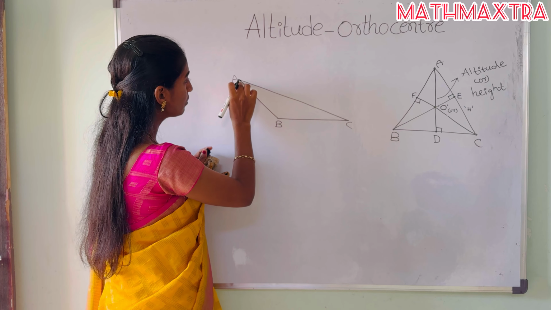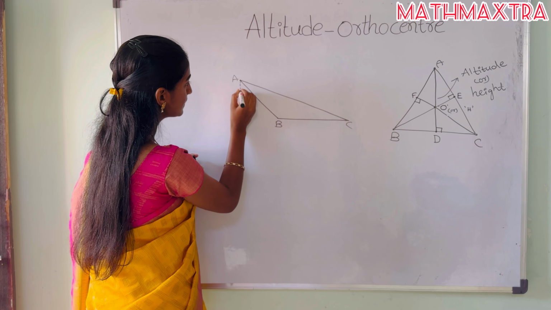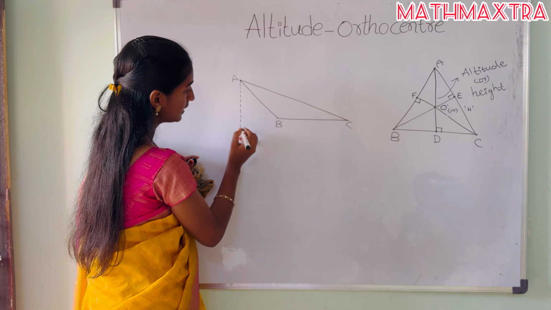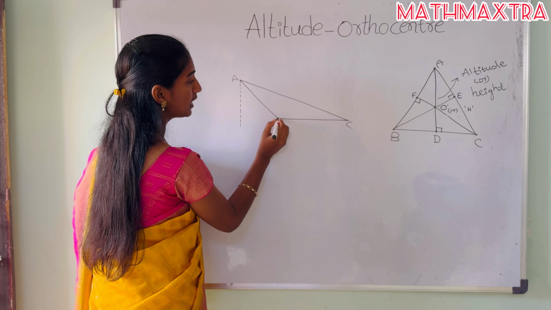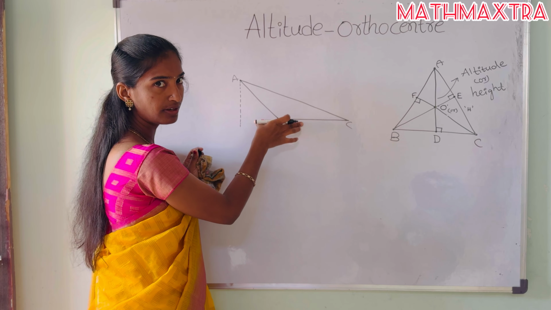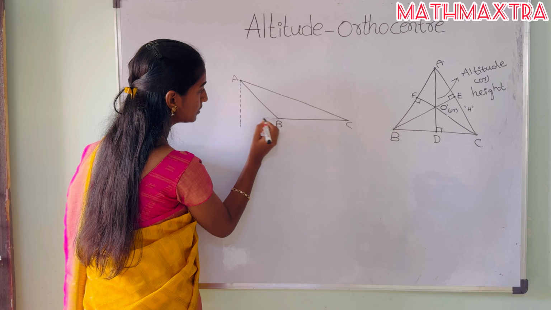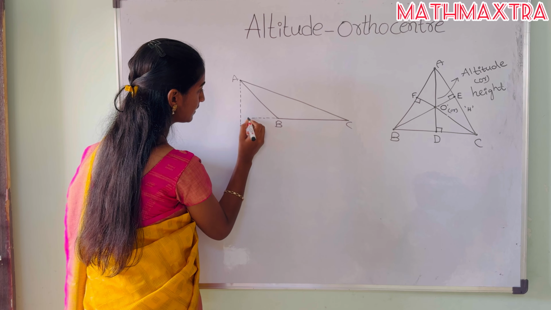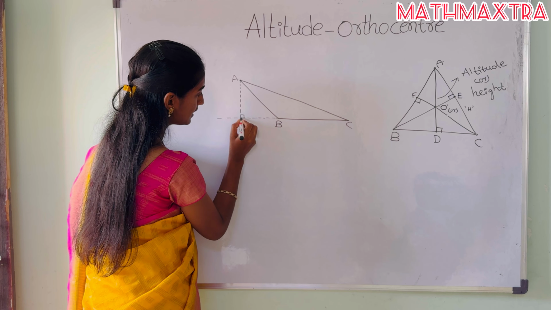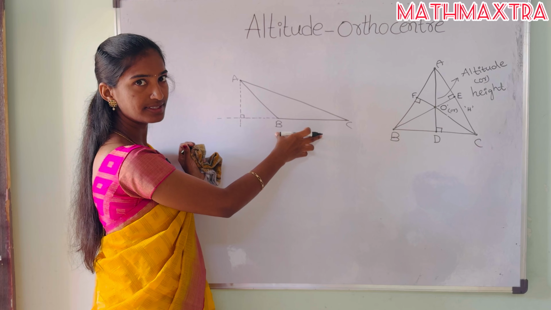But if you draw a perpendicular, it will be like this, isn't it? In order to be perpendicular to the opposite side, we have to extend this side. So here it is exactly perpendicular to the side BC, isn't it?